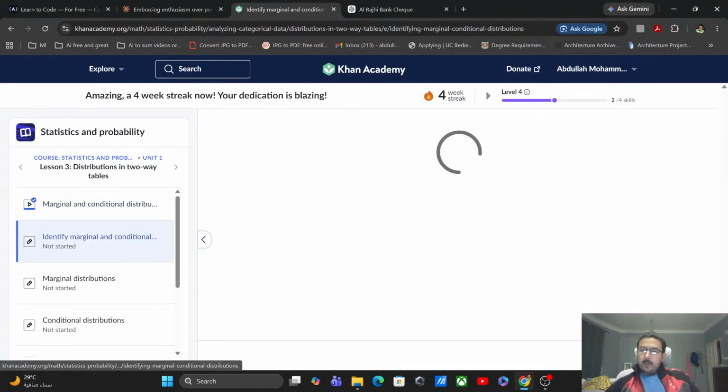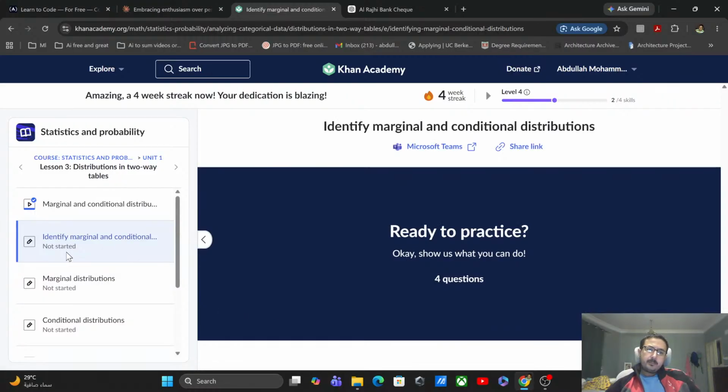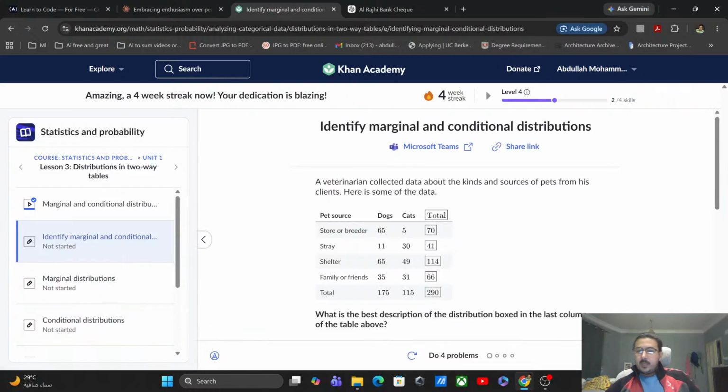Okay, next exercise. Let's do this. A veterinarian collected data about the kinds and sources of pets from his clients. Here is some of the data. Pet source, dogs, cats, total.